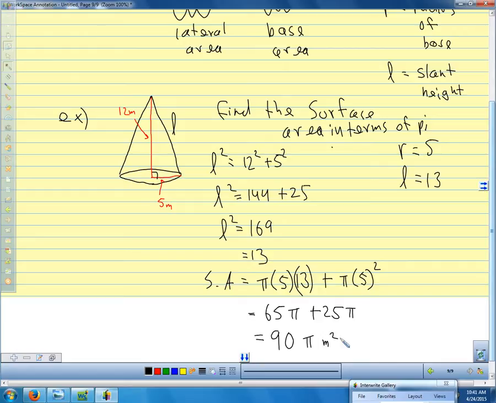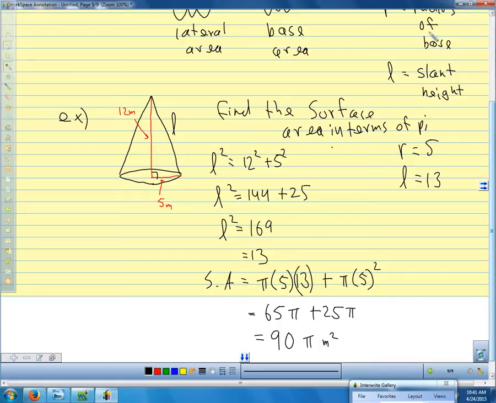Now a couple of things about this right triangle inside our cones and inside our pyramid. Sometimes you'll have to use that triangle to solve for the radius or the apothem. Sometimes you'll use this right triangle to solve for the slant height. Sometimes you'll use it to solve for the height. But you can always use that right triangle to do Pythagorean theorem to do something.